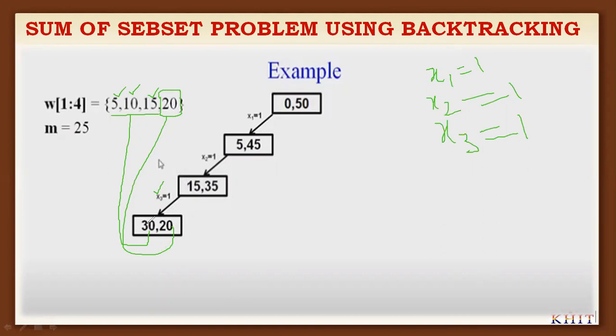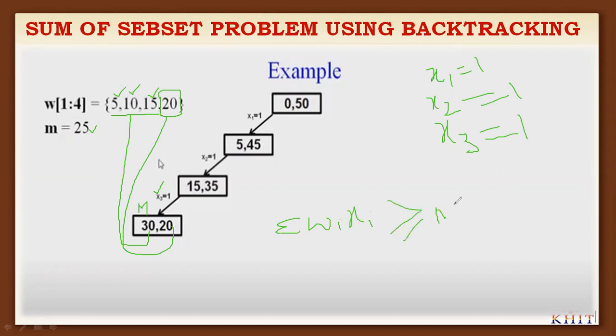So here, if you observe, initially you compare the value with m. What is the value of m? 25. So the sum of wi xi should be greater than or equal to m.